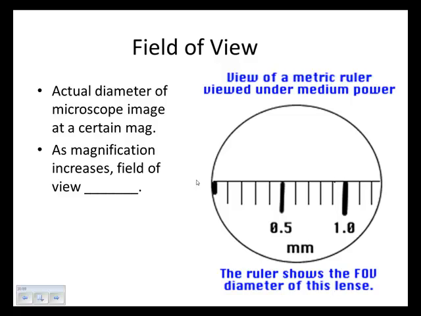I can just put this on the stage. How big is my field of view? Looks like about 1.2 millimeters, right? Does that make sense? And if I doubled the magnification, what would be the size of the field of view? It'd be 0.6, probably, right? You can confirm that later. Does that make sense?